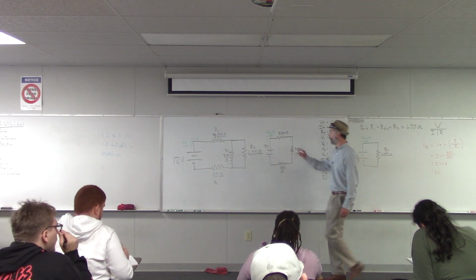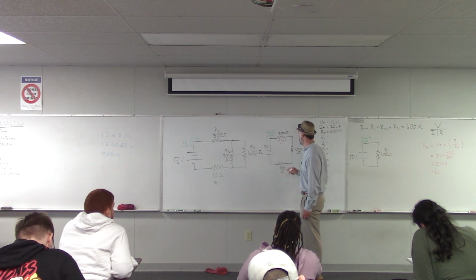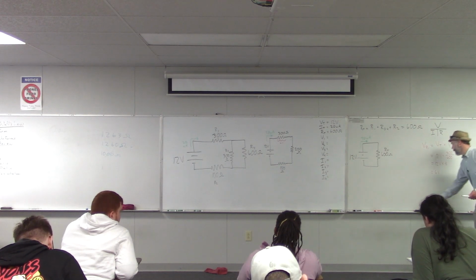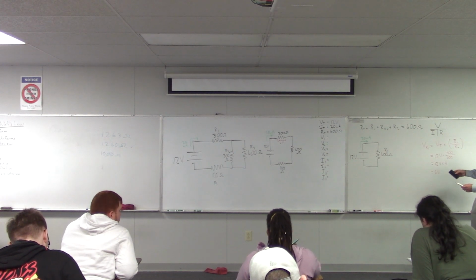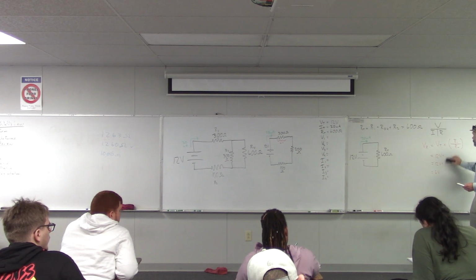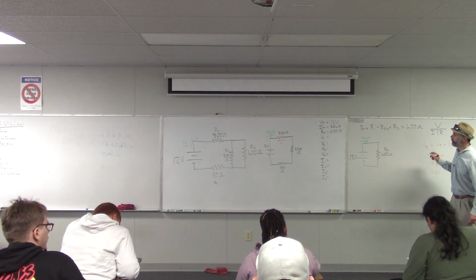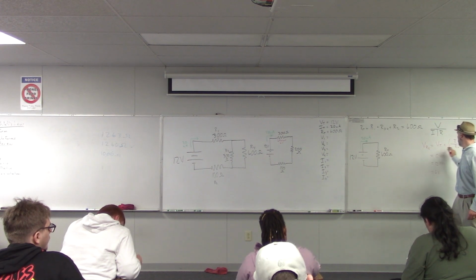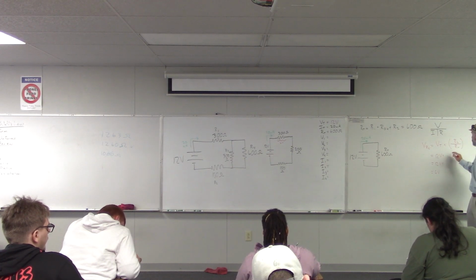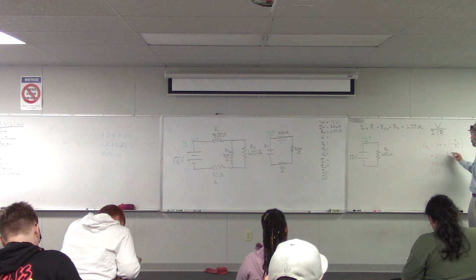So we have 6 volts there. We could do the same thing for the bottom resistor. So that would be the voltage for R2. So that's now 12 volts times R2 over R total.